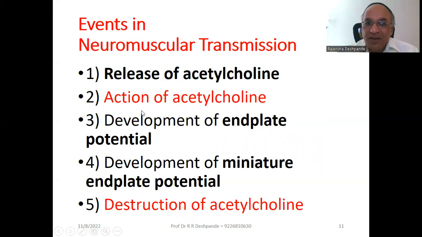Next step, development of end plate potential, because there should be some change in the resting membrane potential. It should be converted to action potential. RMP is converted to AP. So, development of miniature end plate potential.